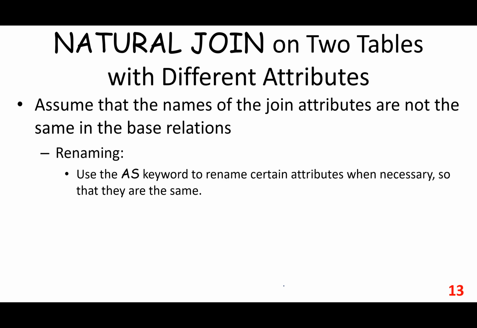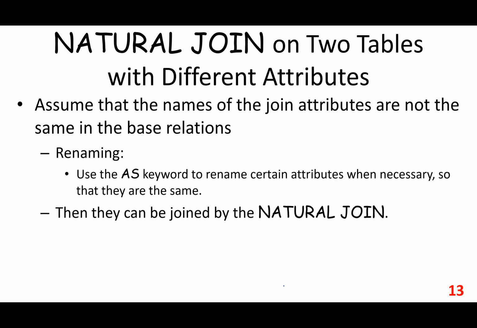Now we need to do an extra step, a renaming step. We use the AS keyword to rename certain attributes when necessary so that they are the same. After renaming, those two names must be the same, then the natural join happens automatically between those two tables.